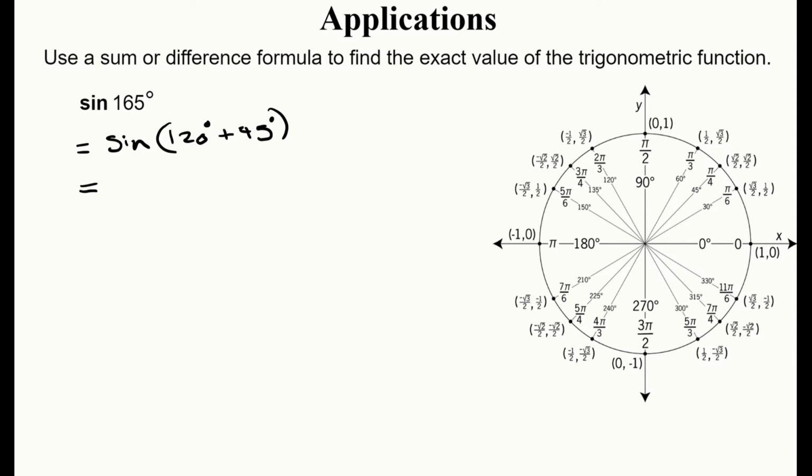So now we go ahead and apply the sum identity for sine, which we know is sine of the first angle times the cosine of the second angle plus sine of the second angle times the cosine of the first angle. All right, so sine of 120 degrees, of course, is the y value.